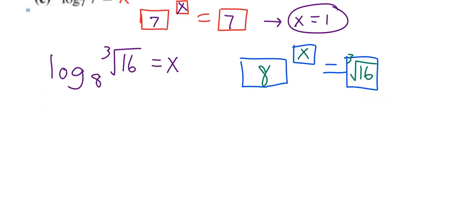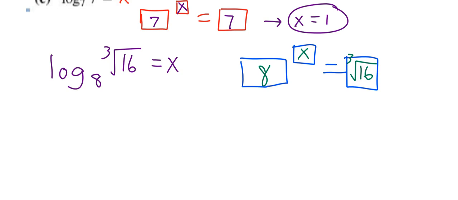Now, I have a master's degree in applied mathematics. I do not know how to write 16 as a power of 8. And if I can't do it, pretty sure you can't either.